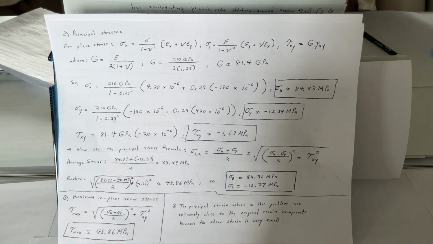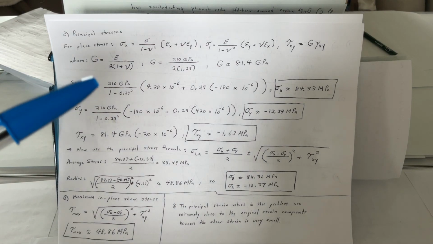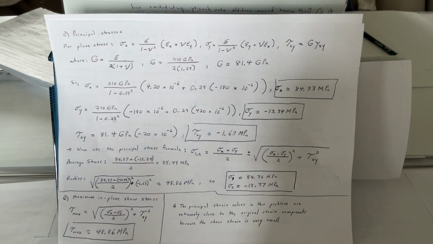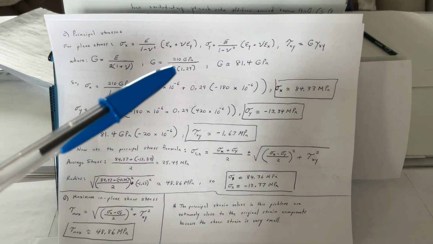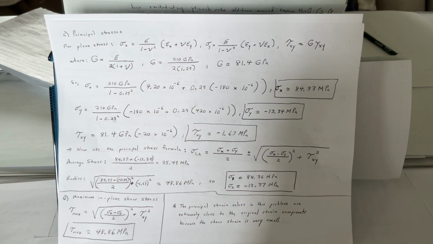And our tau sub xy is going to be G gamma sub xy, where G is E over 2 times 1 plus nu. G equals 210 GPa over 2 times 1.29. So our G is about 81.4 GPa.